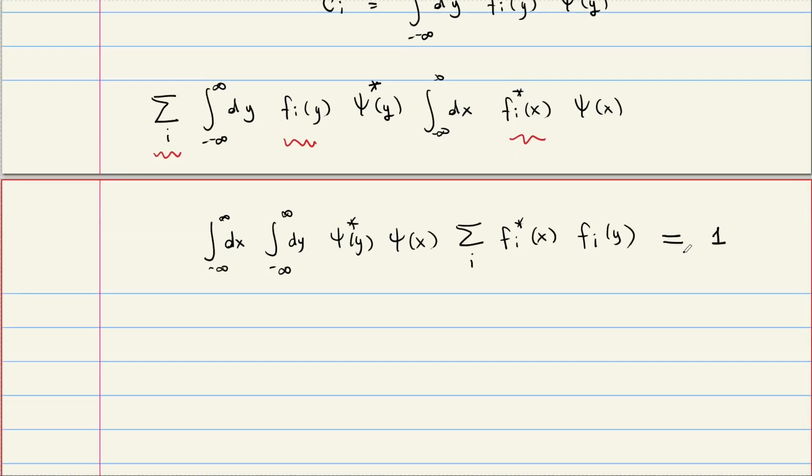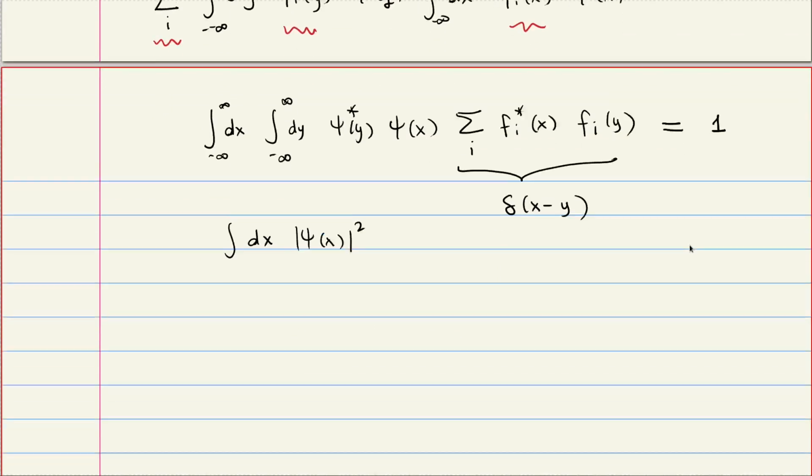But I look at this equation, and for this equation to make sense, I claim this thing is delta of x minus y. How? If I put delta of x minus y, I kill one of the integrals, and there's only one integral, dx, and x and y become equal. This becomes psi squared, and psi squared is 1.